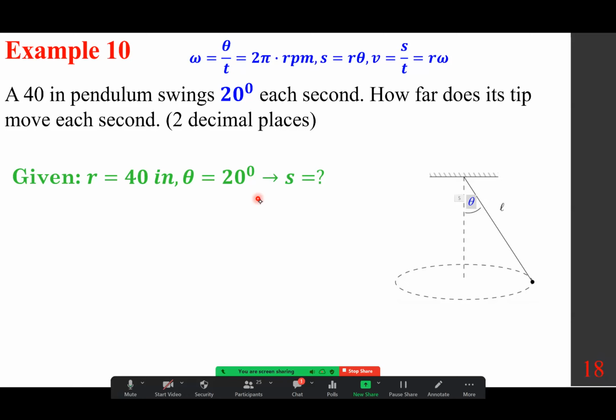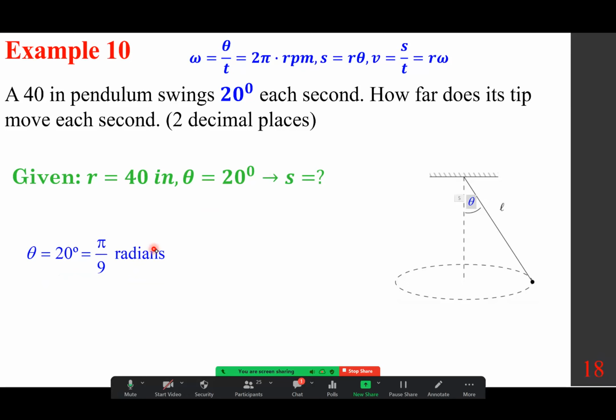So we have to change this to radians. Remember, this has to be in radians. 180 degrees is pi, so 20 degrees is pi over 9, or just go over the process and do the conversion from degrees to radians.